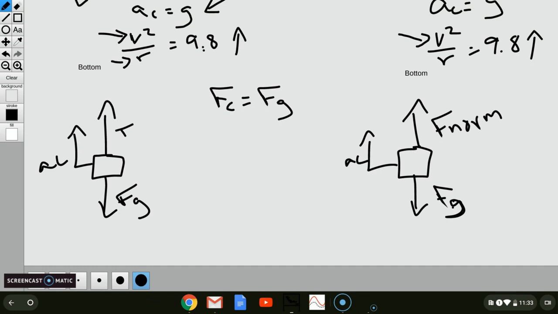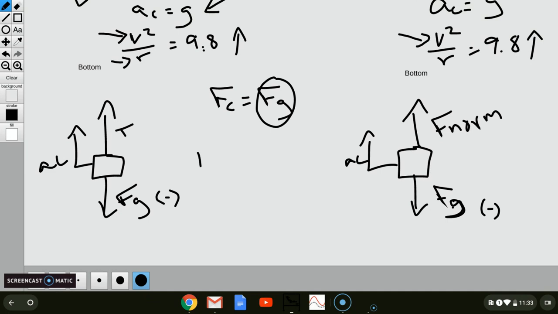Well, here's the thing. Now, gravity at the bottom of the circle is negative for both of these things. The centripetal force has to be equal to one force of gravity. That's from the top.